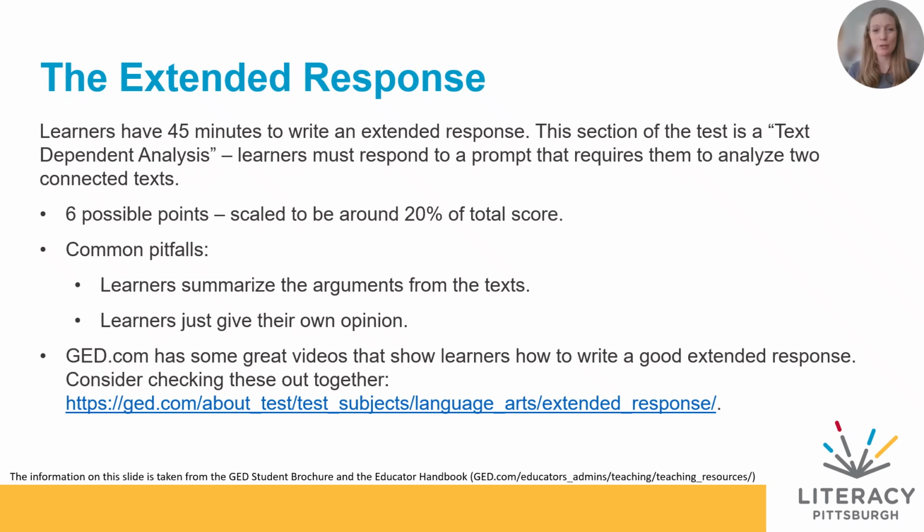This means that students must analyze how effective the arguments are in each text and support their analysis with evidence from the text. Some of the common challenges we often see at Literacy Pittsburgh are students simply summarizing the arguments from the text, or students just sharing their own opinion.